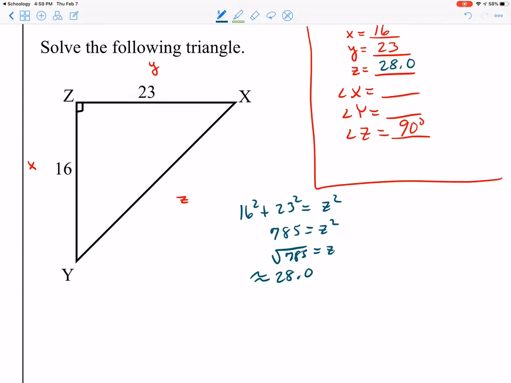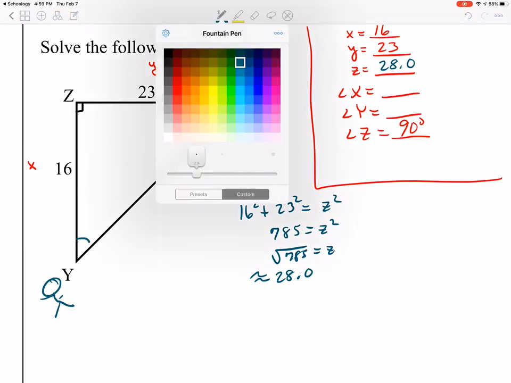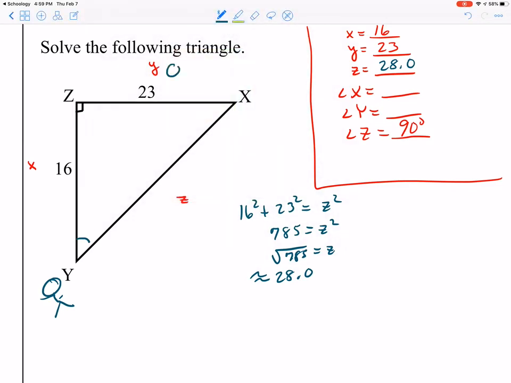So what I'm going to do is stand at angle X. No, let's stand at angle Y. We're going to stand at angle Y, and we're going to label the two side lengths here. This is my opposite side, and this is my adjacent side. So I know that I'm going to have to use the tangent function.